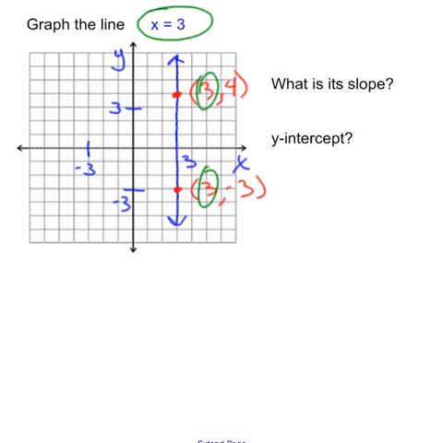That's why this is the graph for x equals 3, because that's the set of points where no matter what y is, x is always equal to 3. So if we answer the question, what's the slope? Well, you already know a vertical line has an undefined slope. And the y-intercept, that's where it crosses the y-axis. Well, it doesn't cross the y-axis, so it doesn't have a y-intercept.